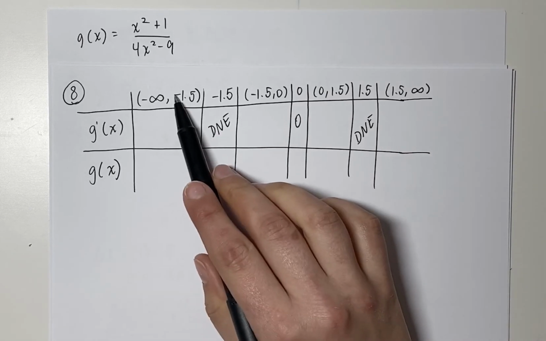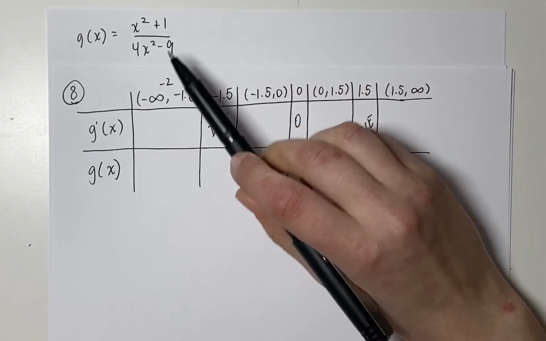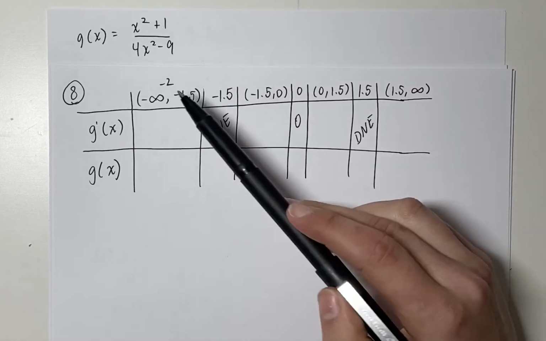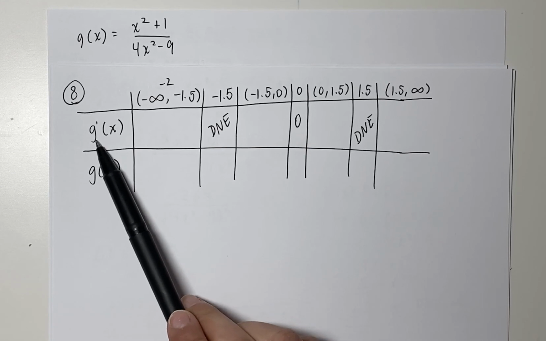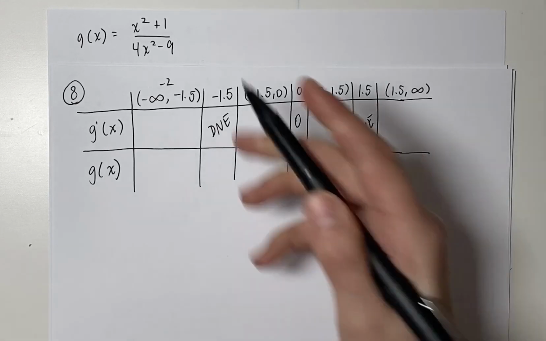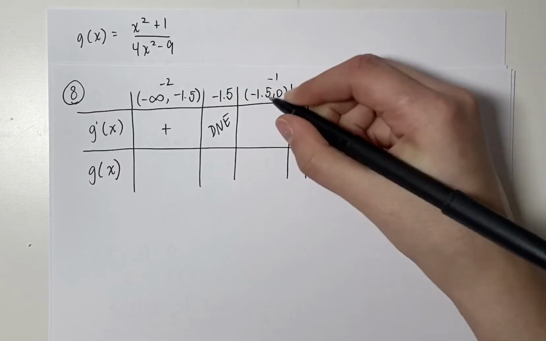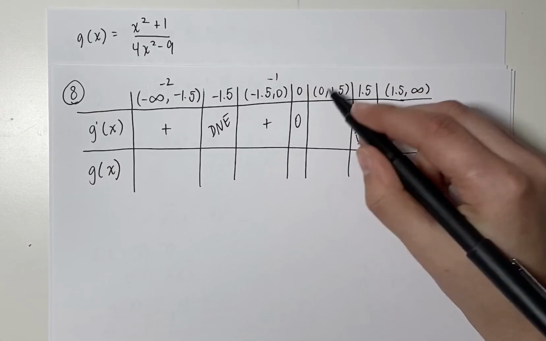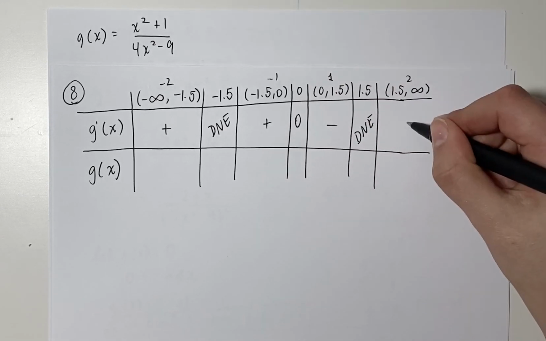So we can pick any point in this interval. We can pick negative 2. If we sub it into our g prime of x, it'll give us a positive number. Here we can take negative 1. If we sub it, it'll give us positive. Here we take 1, we'll get negative, and here we can take 2, and we'll get negative.